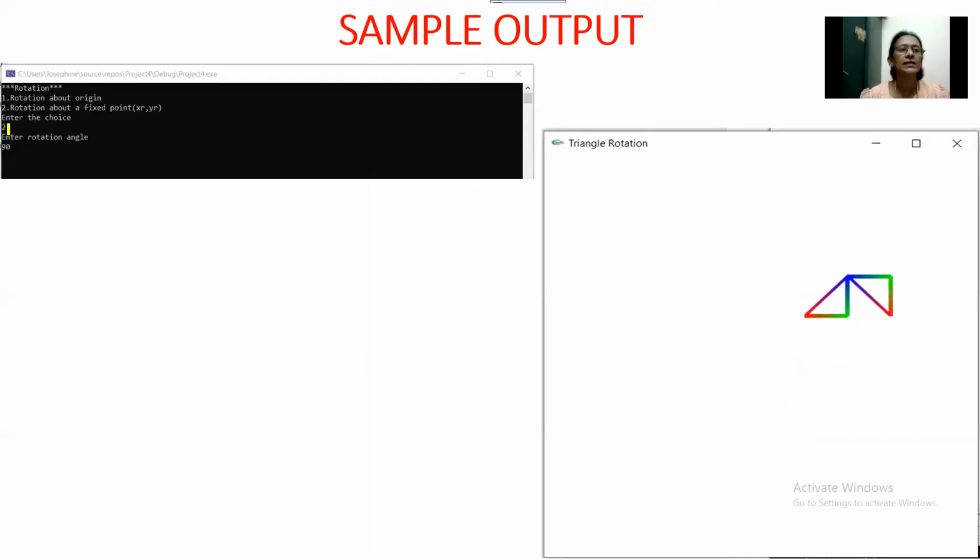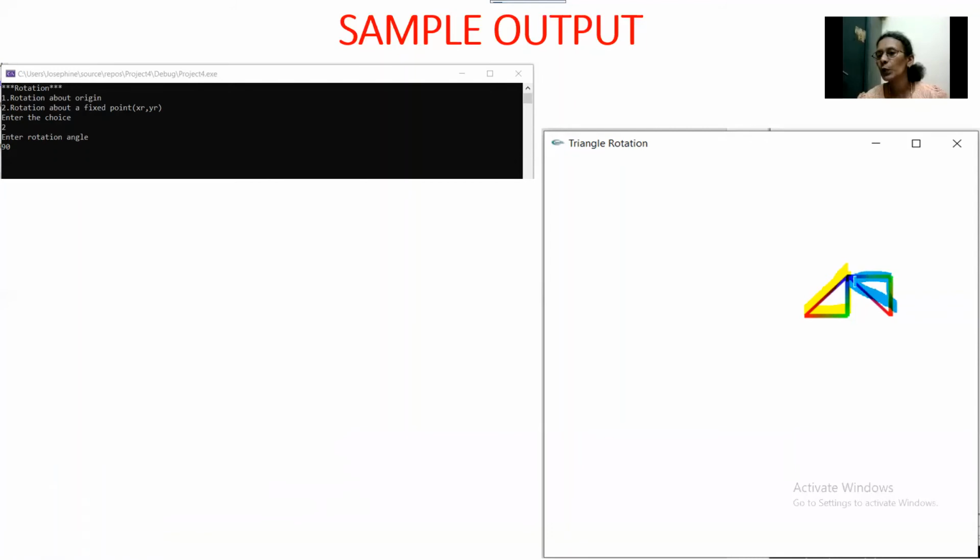If I select the second choice and rotate by 90 degrees, then the fixed point is 20, 20. That is this point. This is my original triangle, and this is my rotated triangle.